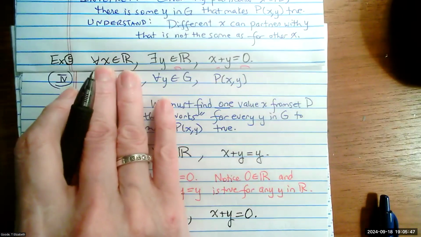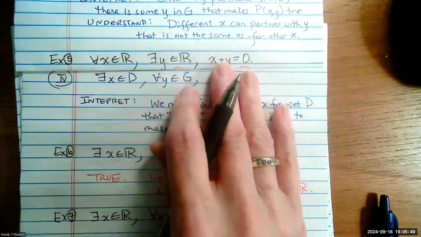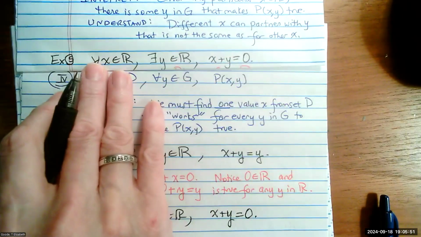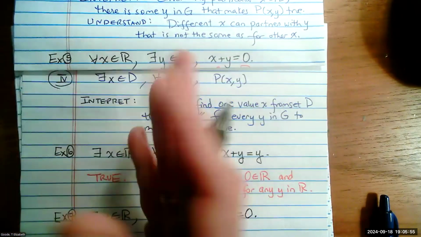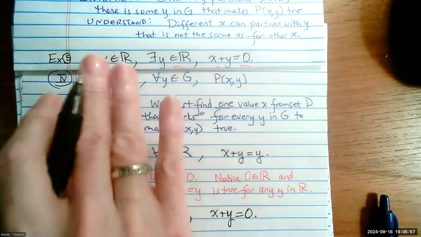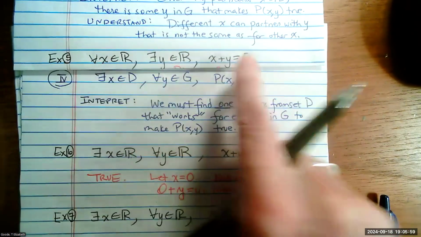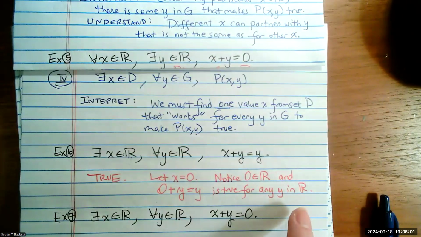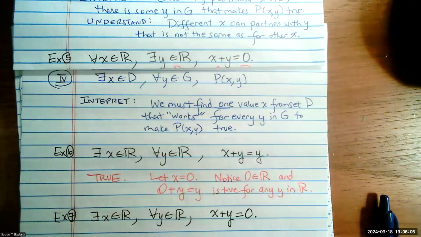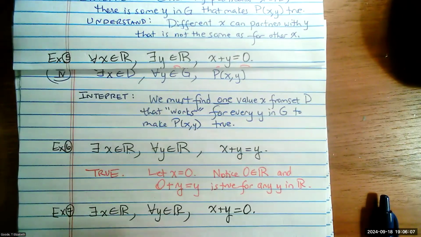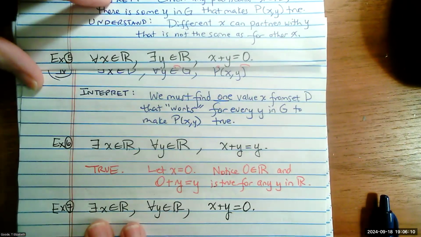For each x, like x equals 5, y would be -5. For x equals 3, y would have to be -3. For x equals -0.5, y would have to be +1/2. Different x's have different y's that make x plus y equals 0 true. These are called additive inverses of each other. There is no single x that can work.